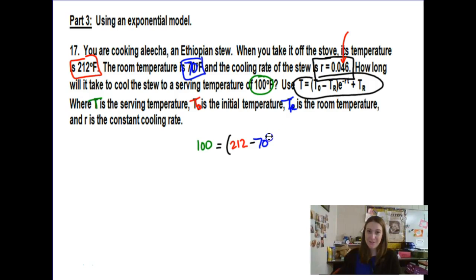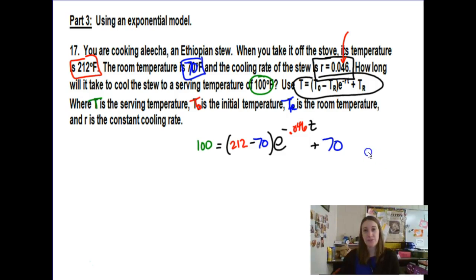Oh, this is fascinating stuff, right? And then times e to the negative, you have to write in that r, which is 0.046 times t, which I do not know, and then plus the room temperature one more time. And we're supposed to solve that.